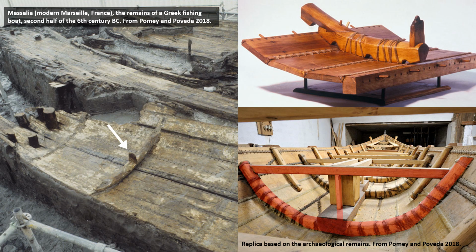At the ancient Greek site of Massalia, modern Marseille, on the Mediterranean coast of France, archaeologists uncovered the remains of a fishing vessel from the second half of the 6th century BC. The hull was sufficiently preserved to show ribs attached to a central stanchion that presumably held a thwart.